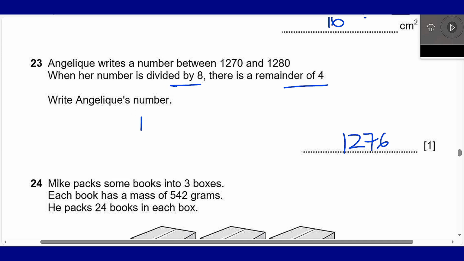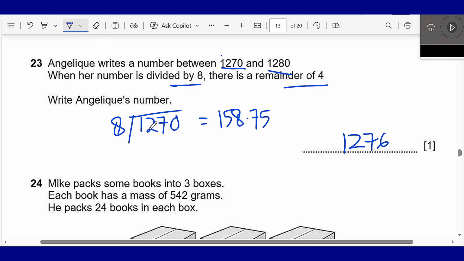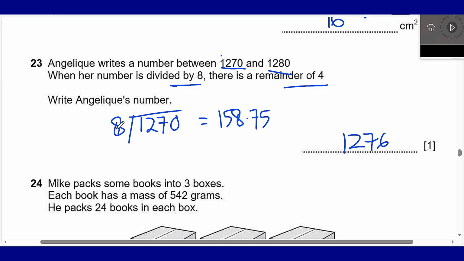So what we can do is, since we are allowed to use a calculator, we can divide this with the calculator, and what we will get is 159.5. So then the multiple of 8 between 1270 and 1280 must be, sorry guys, there's a miscalculation. If we divide this with the calculator by 8, we will get 158.75.